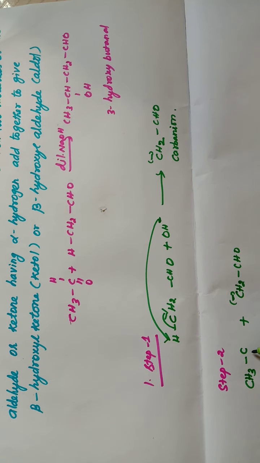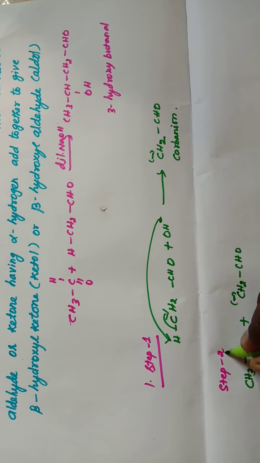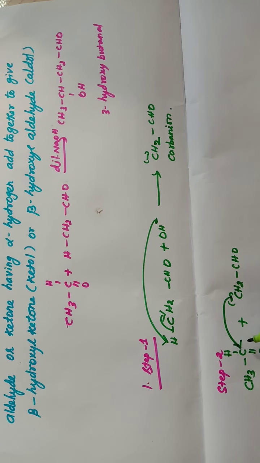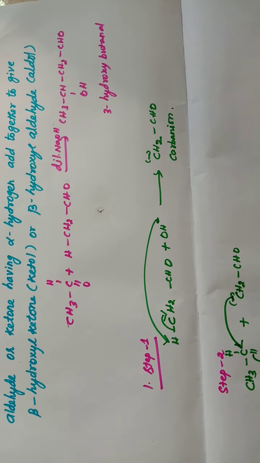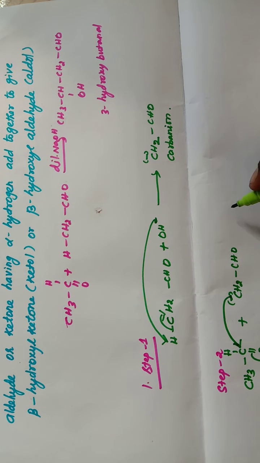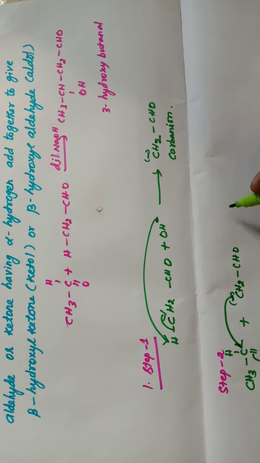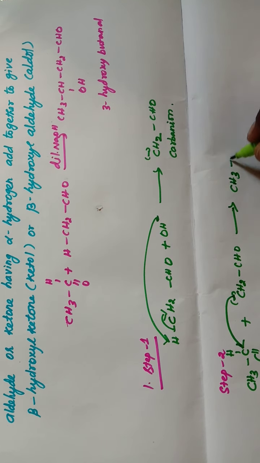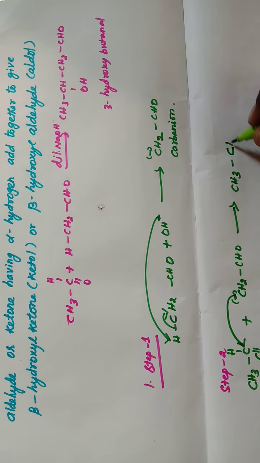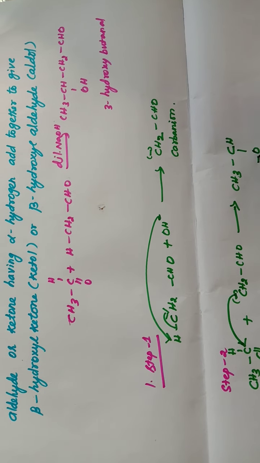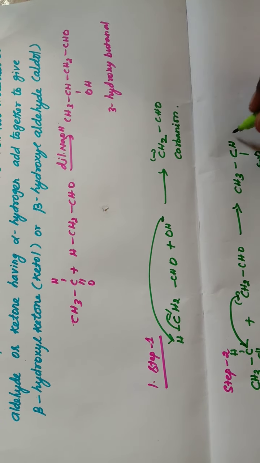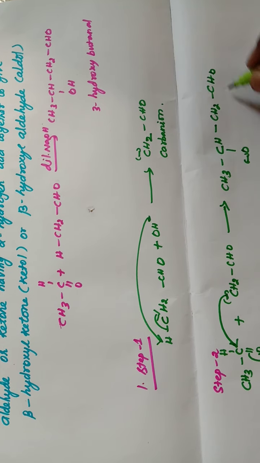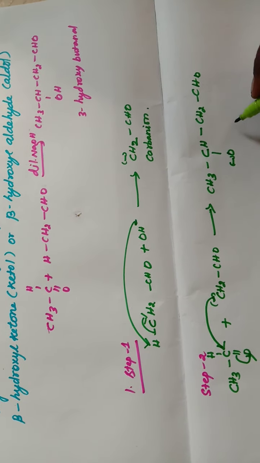This is the carbonyl carbon, and this carbanion attacks this carbon atom, so that there is a formation of alkoxide. So we will be getting CH3 CH O minus, this oxygen, CH2 CHO. This is alkoxide.